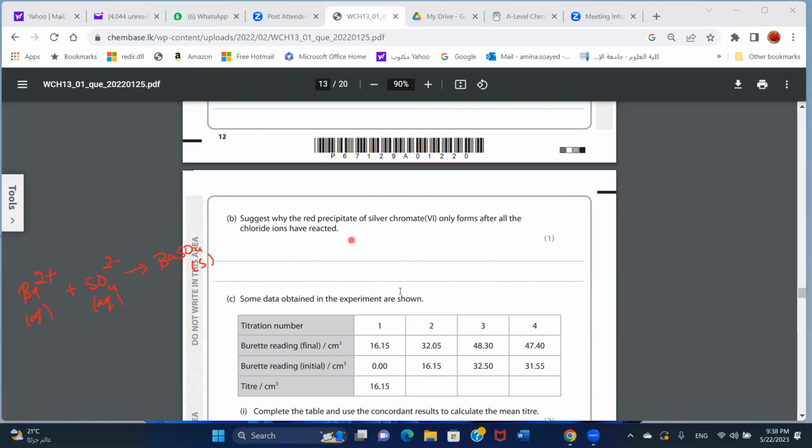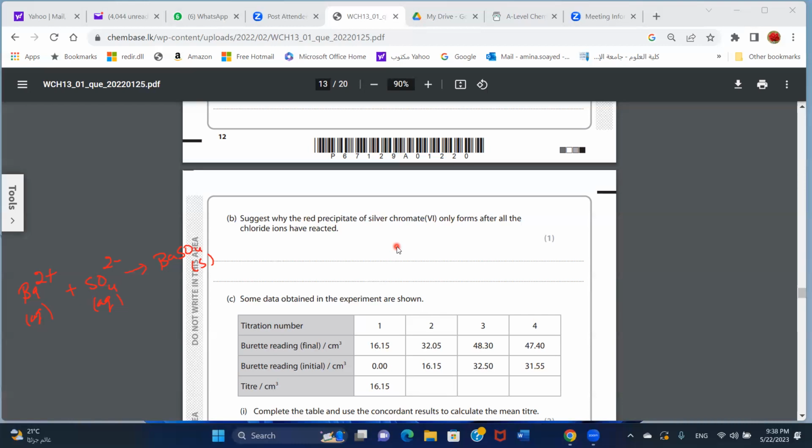One minute. They say suggest why the red precipitate of silver chromate only forms after all the chloride ions have reacted. So we say that this is because, what did you say, Abdurrahman? Once more. Because the precipitate that previously was formed was the precipitate of silver chloride, which was a white precipitate.